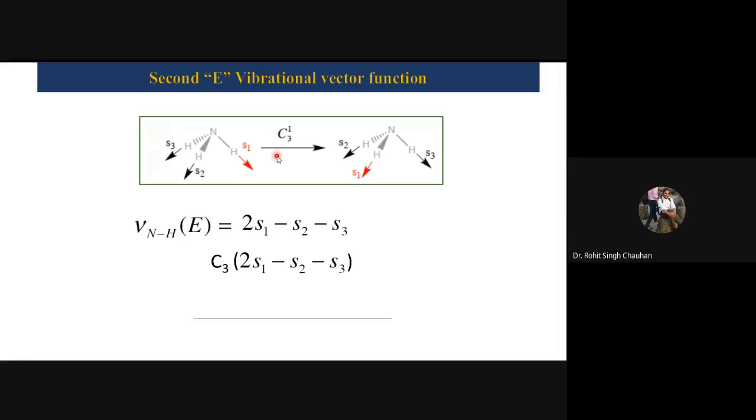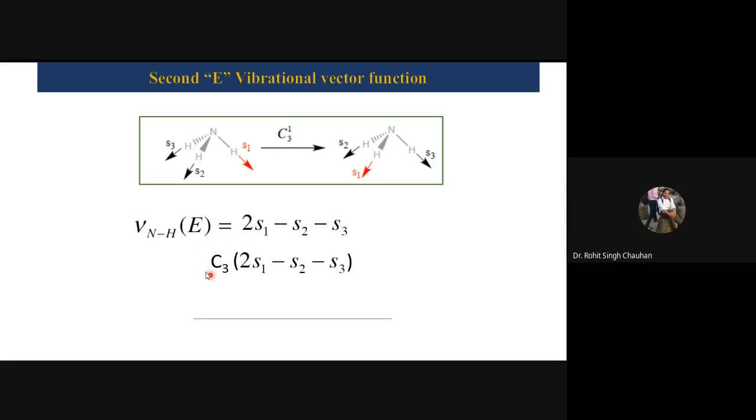It means the higher Cn should be preferred if two or more axes of rotation are present in a point group. Luckily, here only one type of axis of rotation is present, that is C3, so you can opt for either C3^1 or C3^2. It all depends on you. I have opted for C3^1, but if you are operating on a hexanuclear molecule or octahedral geometry, then you need to find it with respect to C6. Okay, so let us come to the point.